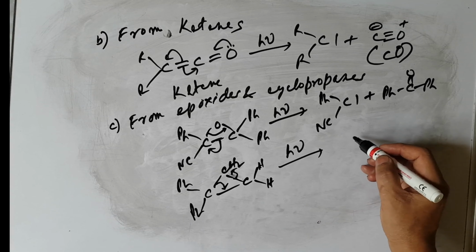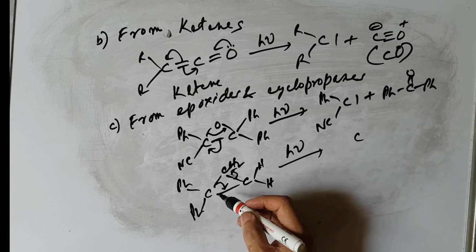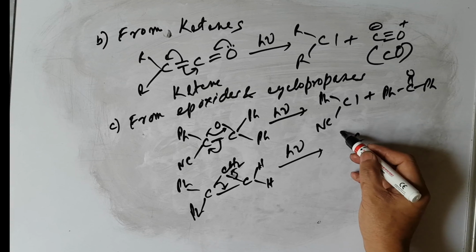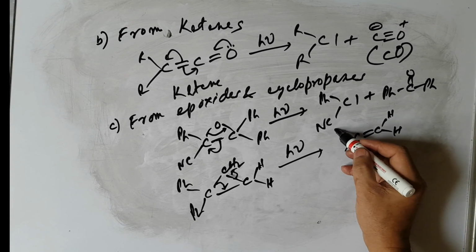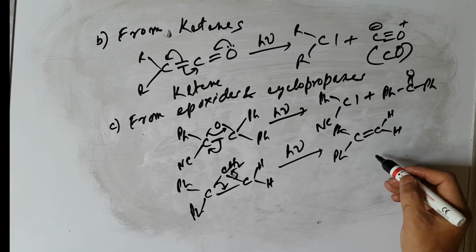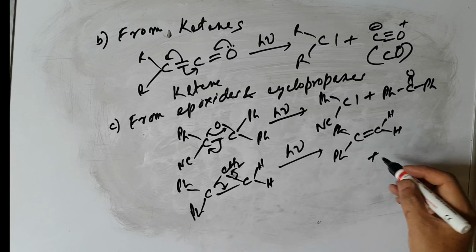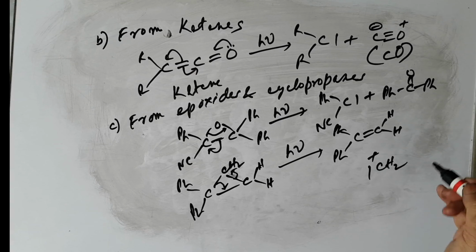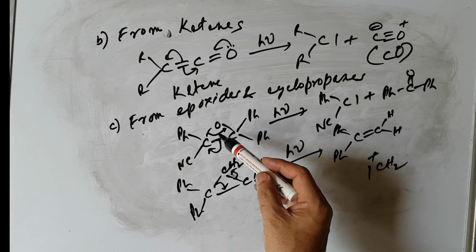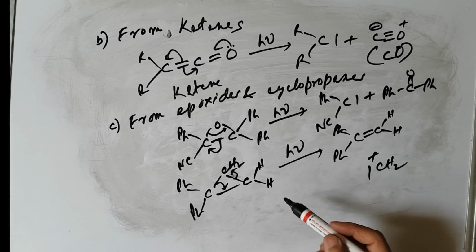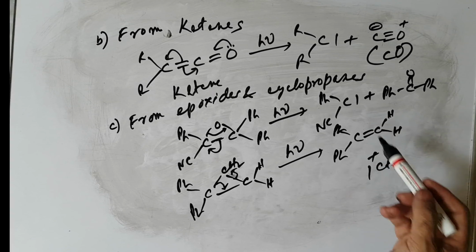So here you can get the double bond, CH, this is phenyl, and plus this is CH2 carbene. So it is another way for generation of carbenes. So I'm explaining about epoxides and cyclopropanes: by photolysis we got carbenes.